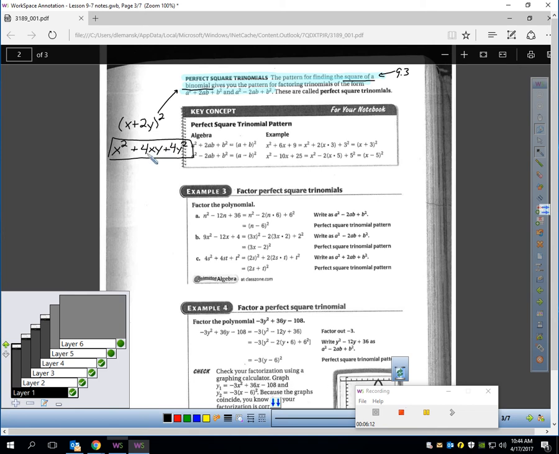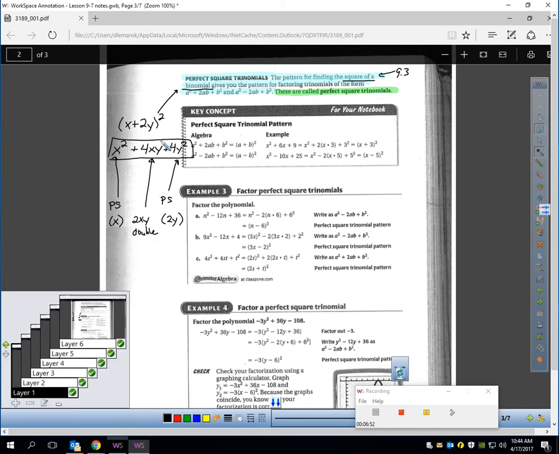Okay? Now, this is called a perfect square trinomial. So if I see this and I'm asked to factor it, do you notice how the first term is a perfect square? It's x being squared. The last term is a perfect square. It's 2y being squared. And if I take 2y and x and multiply and I double, you notice how I get the middle amount.